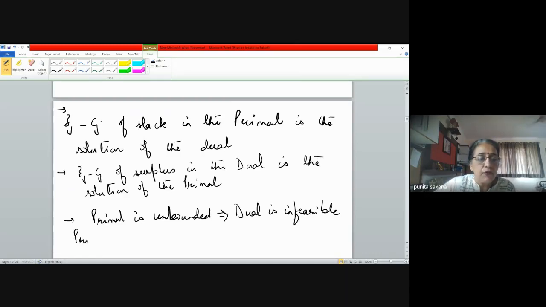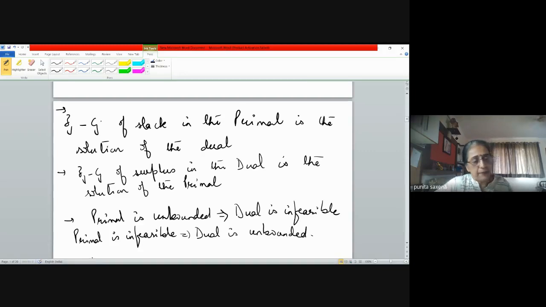Similarly, if your primal is infeasible, that means your dual is unbounded. Is this okay?